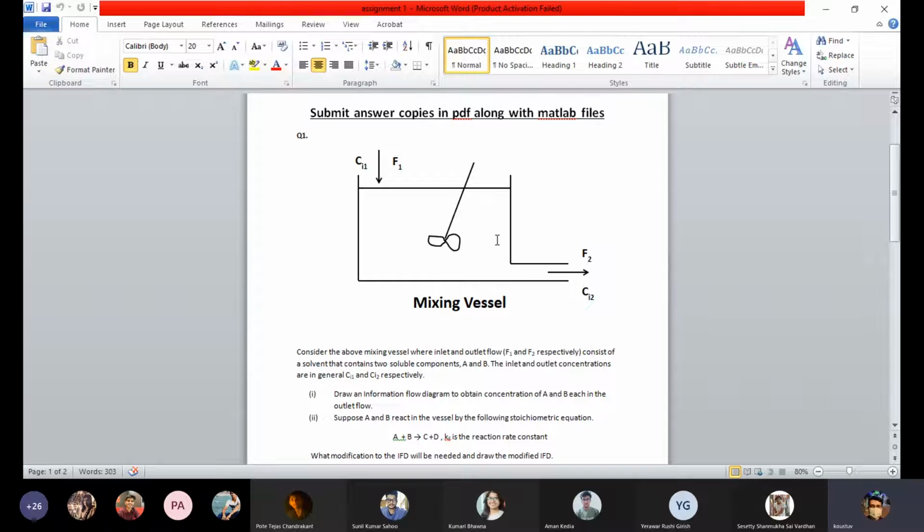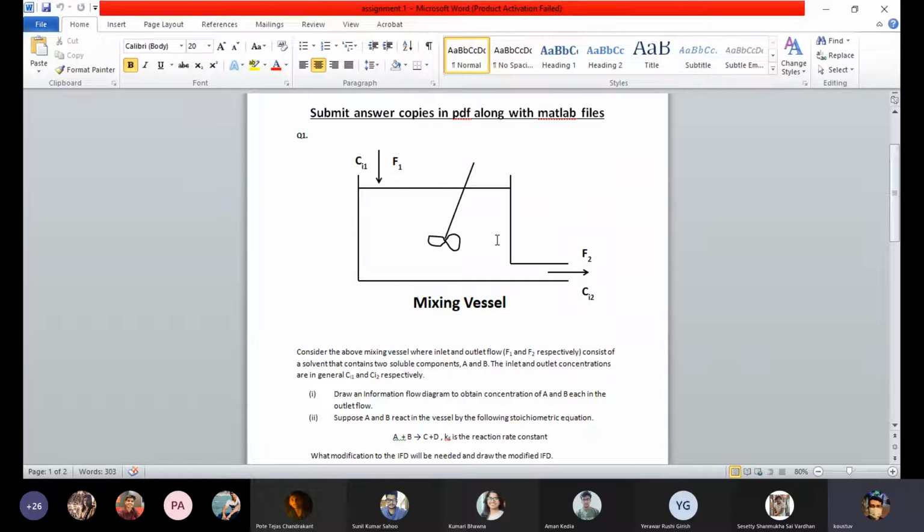I think I have to add A and B separately. It is not that they are in the same feed; we have to feed them separately because we are going to ultimately mix them. So A and B are not in the same feed, they have to be in different feeds. Make that correction. I think it is my fault in this question that I have not added it.